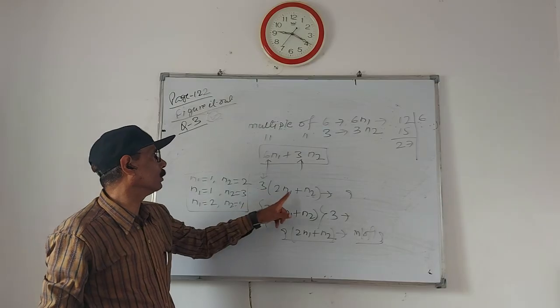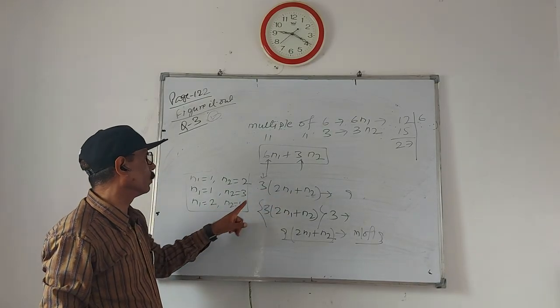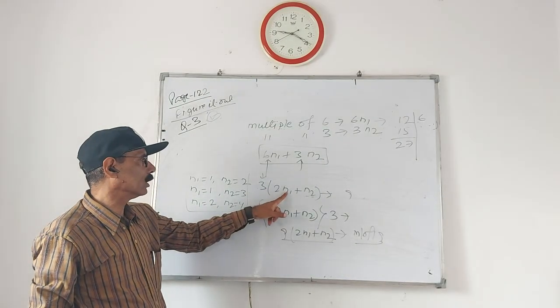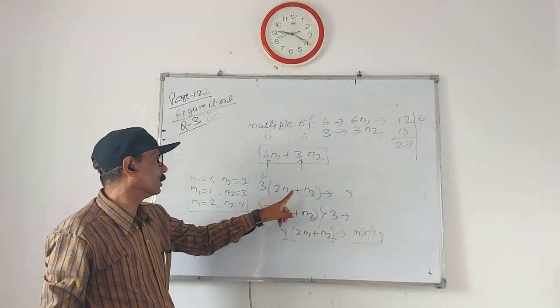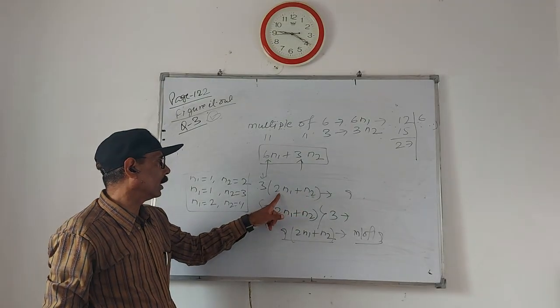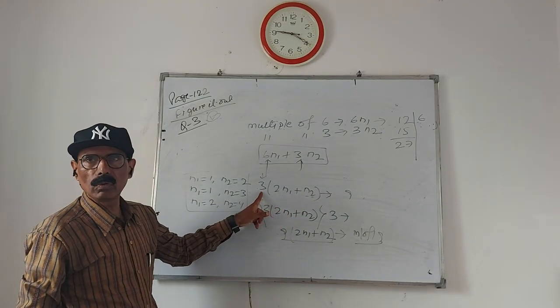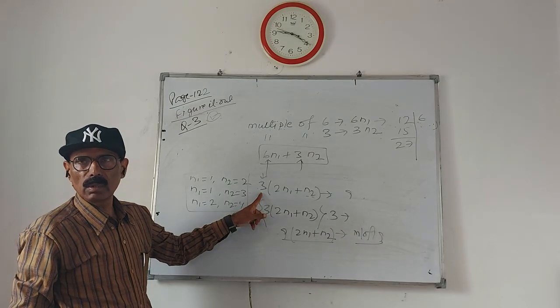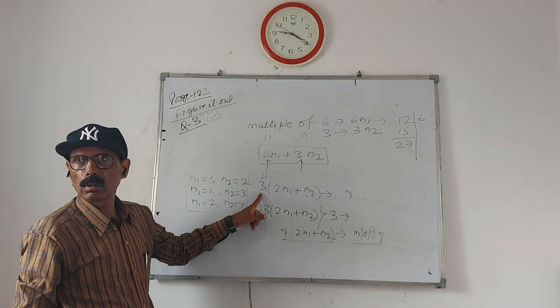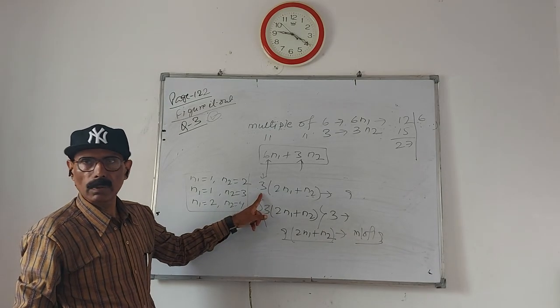But if you give different numbers, suppose 2 and 4, so this will be what? This is 4, 8. 8 3 ja 24. Is it a multiple of 9? Not coming as a multiple of 9.